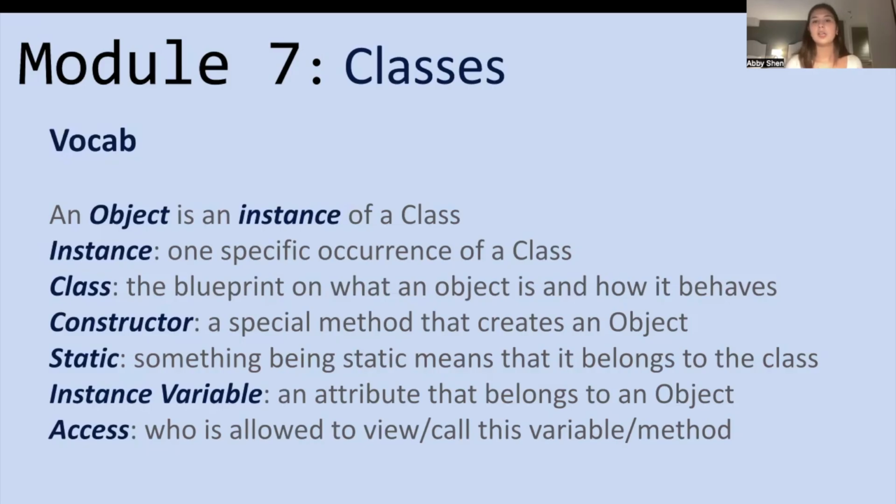The constructor is a special method that each class has to create an object from that class. And then static: something being static means that it belongs to the class. And then an instance variable is an attribute that belongs to an object. And then access is who is allowed to view or call a certain variable or method.